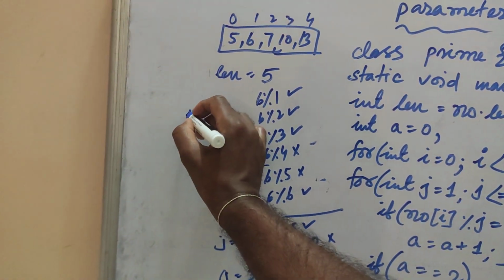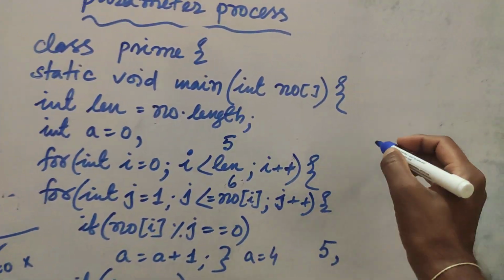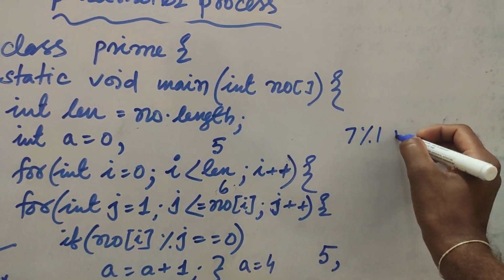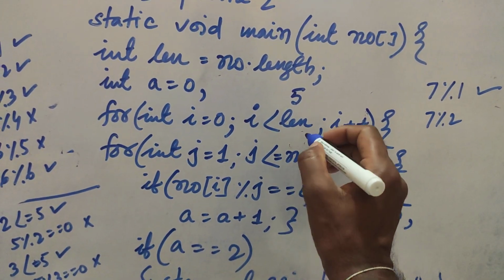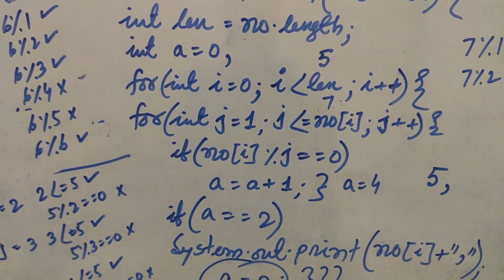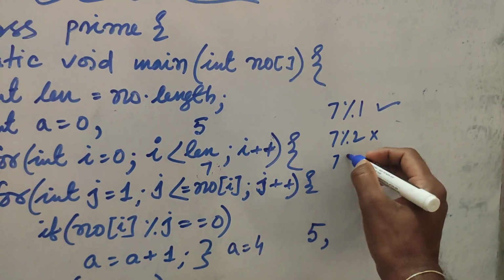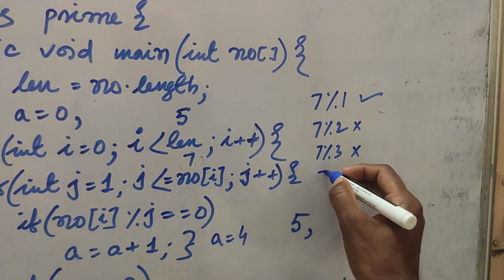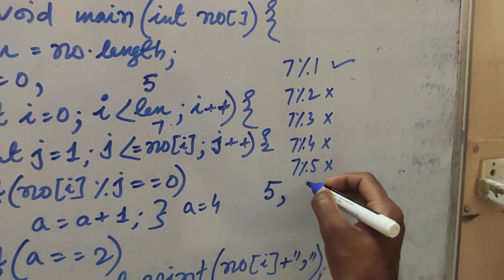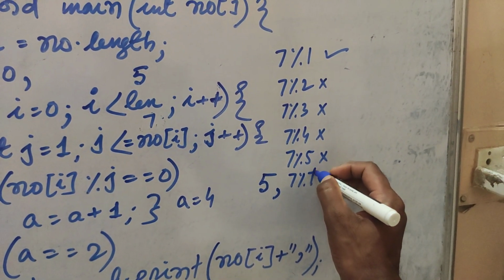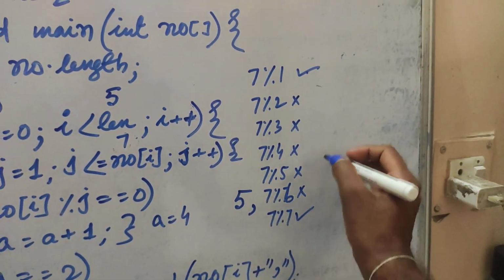Now the next value of i will be 2. i2 means 7 will come. Now 7 modulus 1, true. Then it runs 7 times. 7 modulus 2 false, 7 modulus 3 false, 7 modulus 4 false, 7 modulus 5 false, 7 modulus 6 false, 7 modulus 7 true. How many times true? 2 times true.